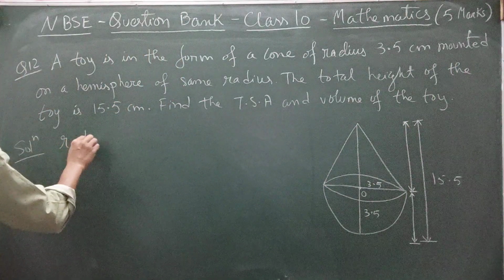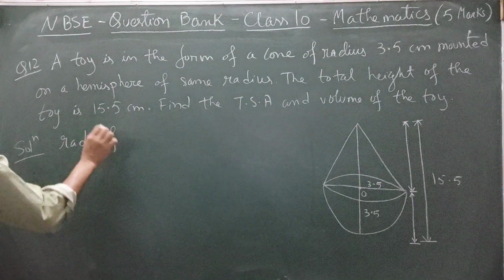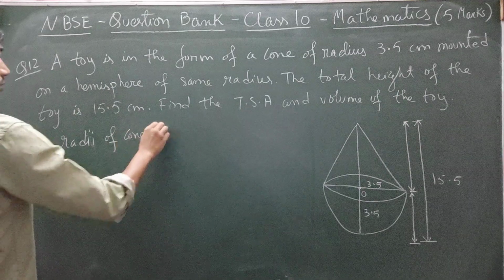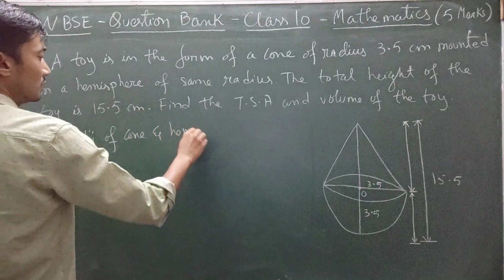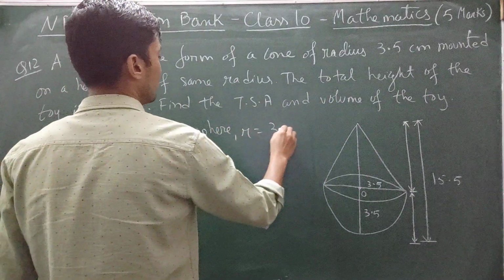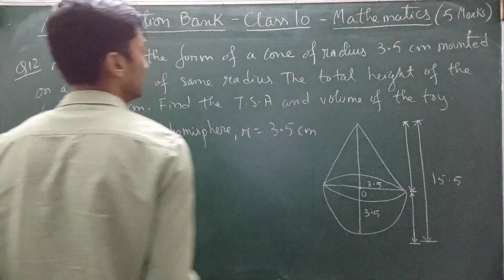So what do we have here? Radii of cone and hemisphere is 3.5 centimeter.